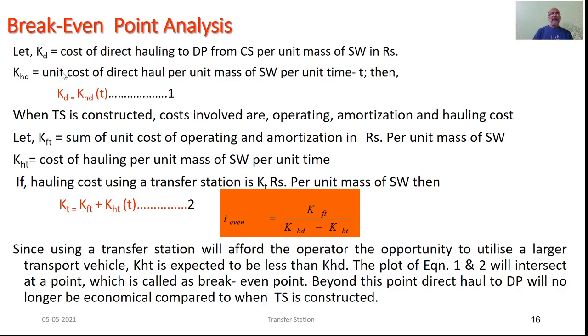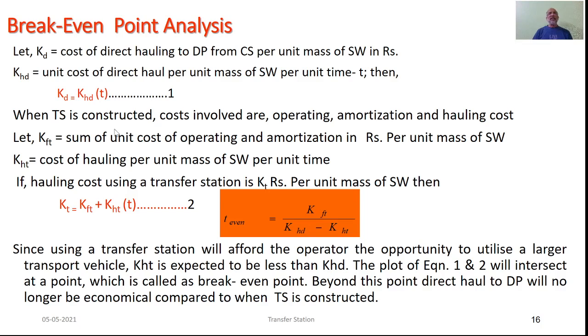So it can be determined by multiplying the unit cost of direct haul per unit mass of the solid waste per unit time with the time. Hence KD is equal to KHD times T.